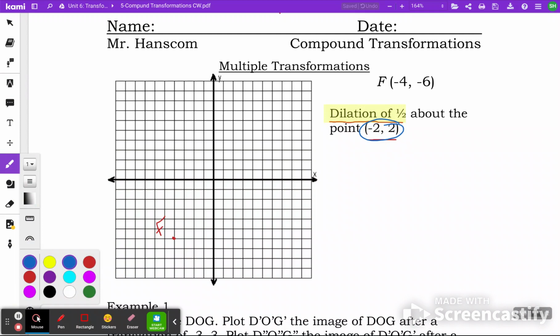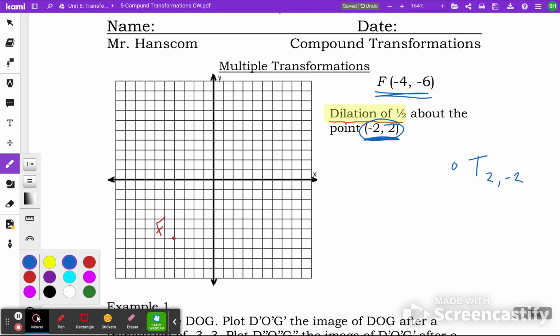That is going to be done by translating that point. Essentially, in order to move point F via a dilation centered at a different point, we translate first by (2, -2), because translating that way will turn this point into (0, 0).